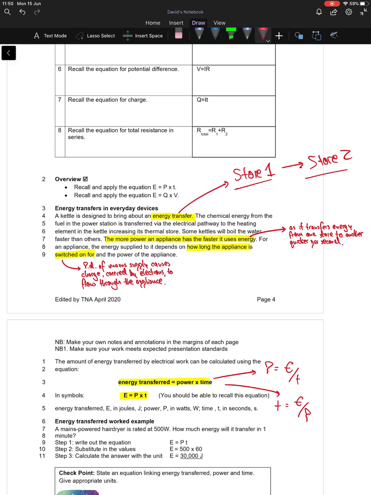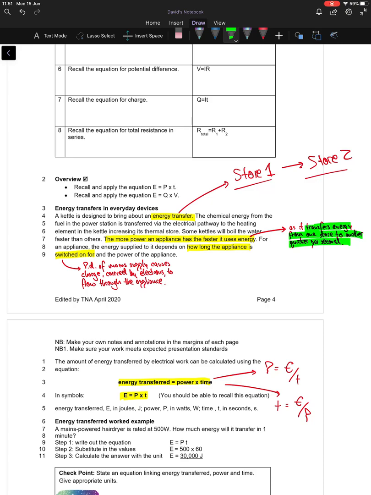Some kettles will boil the water faster than others. The more power an appliance has, the faster it uses energy, because remember, power is how quickly it transfers energy from one store to another per second. So if it's using more power, it's transferring energy quicker from one store to another per second.